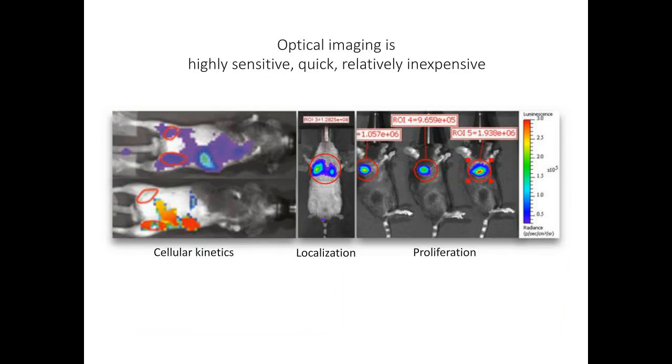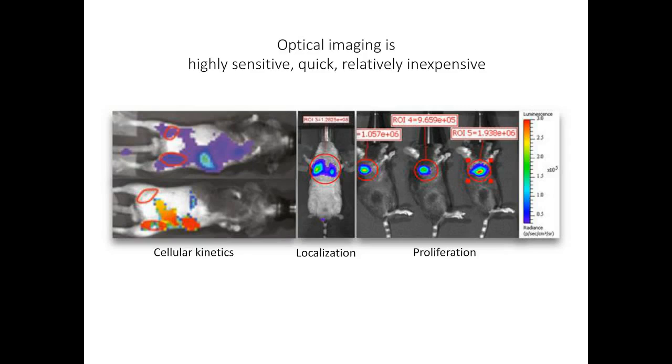So this is just a summary slide of different types of imaging that you can do with optical imaging. This is actually only bioluminescence, but fluorescence is very similar. If you're familiar with flow cytometry and choosing different types of fluorescence agents, it's the same thing in vivo. The only difference is now you're imaging within a live animal.